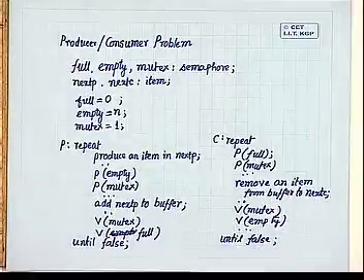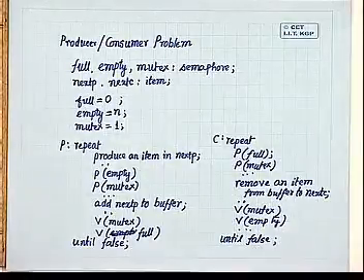Okay. So, you can write the producer and consumer processes like this.